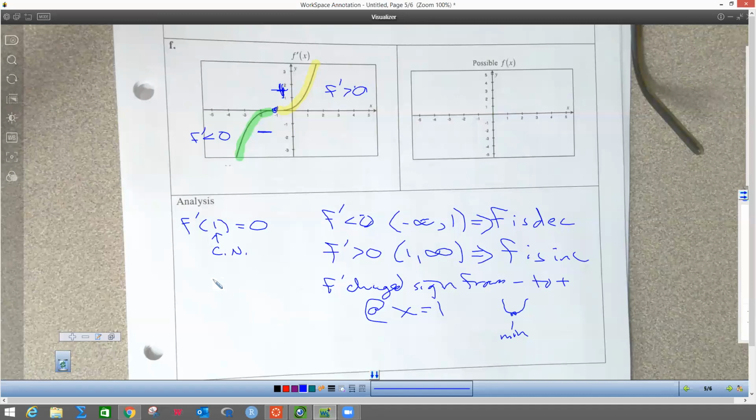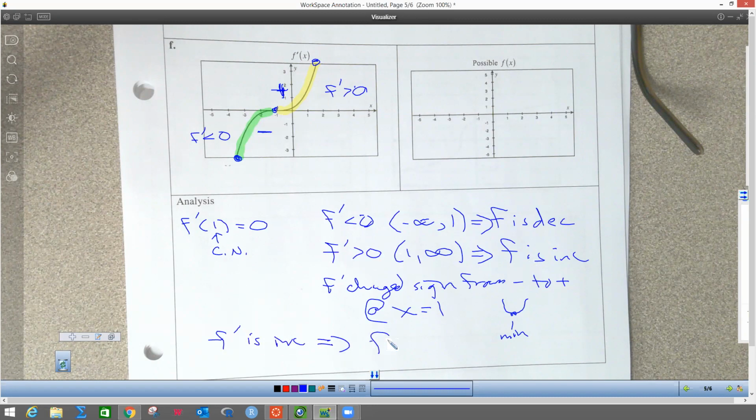Now let's see what else this tells me. Since f prime is increasing, from here all the way up to here, f prime is increasing. Since f prime is increasing, what does that tell me?